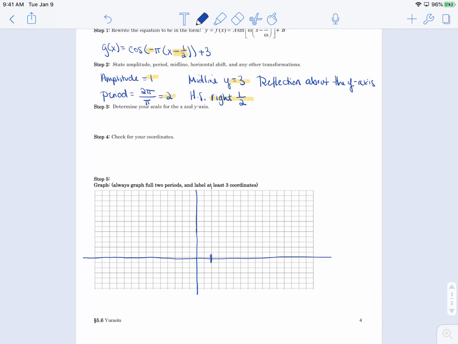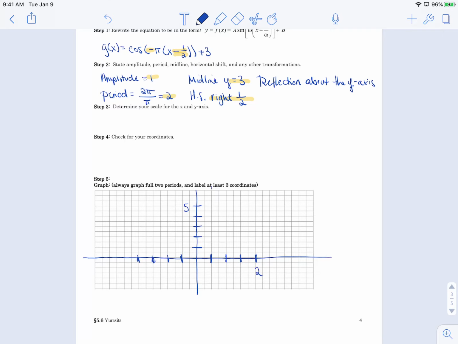I'm going to do every other tick mark, and I like to make that first one be 1/2, 1, 1 1/2, so this has to be 2. And then I'm going to do every other tick mark here, 1, 2, 3, 4, 5. So key thing is make sure you give yourself a scale.